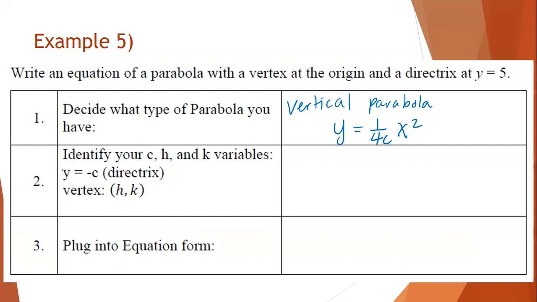So our c, remember your directrix is y equals negative c. So if we know that y equals 5, that means we have negative c equals 5. So c equals negative 5.